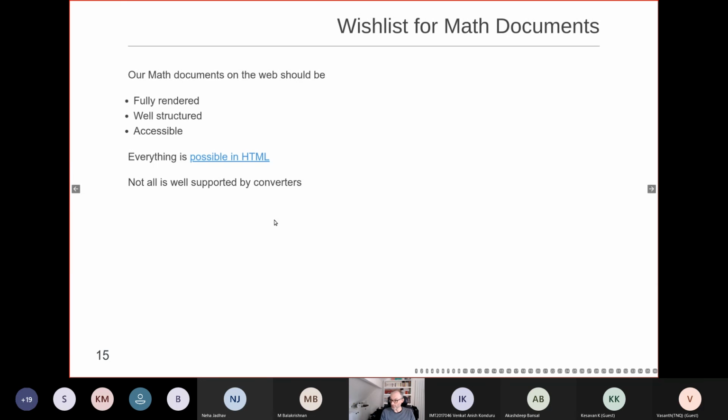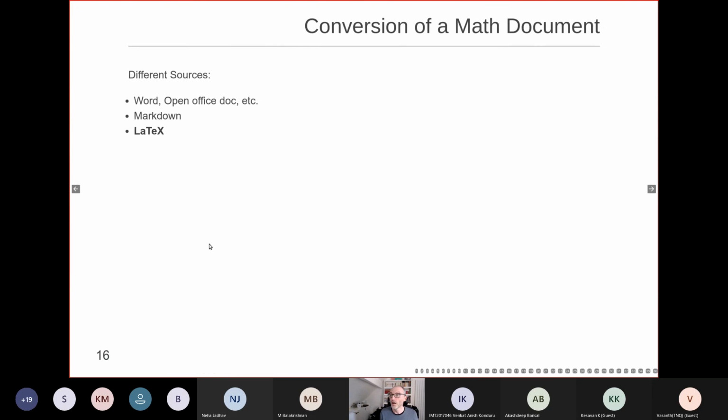So we'll get documents that are fully usable on the web, and they will give us the basis to start making everything nice and accessible in the lecture on Friday. So let's take a little break, about 5 minutes, and then we'll start with converting mathematical documents, primarily LaTeX, but we also have a Word document.